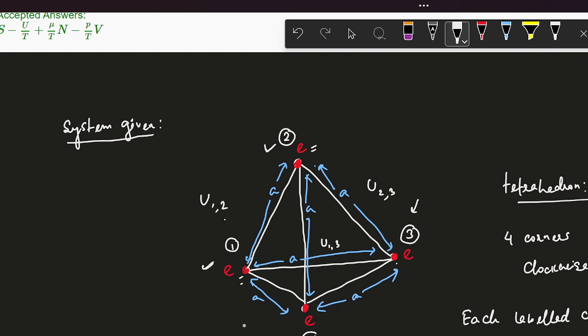By what? By the newly found interaction terms between this new particle 4 and the previous particle 1, so it is U14 along this line, and similarly between the new particle 4 and old particle 3, this is U34 along this line, and also with particle number 2, this is U24 along this line.